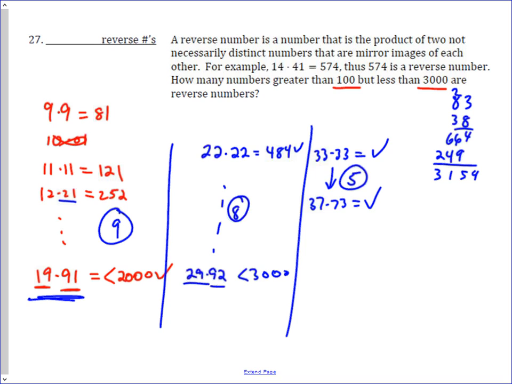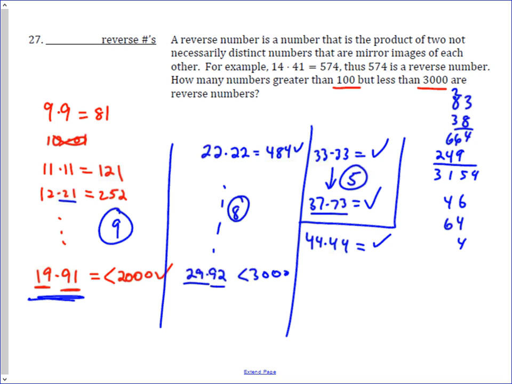We look at the 40s. Now we only have to think about 44 times 44, which definitely is going to work. You can multiply it out if you want. We could try 46 times 64, since 37 times 73 was pretty close. 47 times 74 is probably going to be way too big. So let's look at 46 times 64.